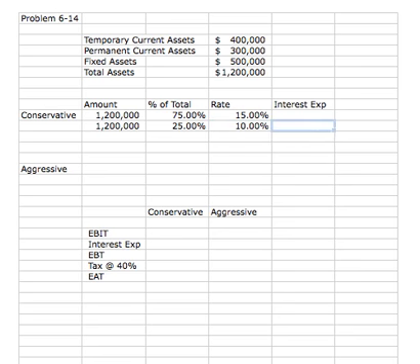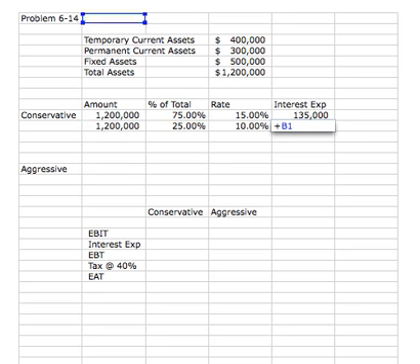So now we can calculate our interest expense based on this financing alternative. Let's multiply 1,200,000 by 75% and by 15%, and that will give us our interest expense for that portion of our total asset base. And we'll do the same thing for the remainder here.